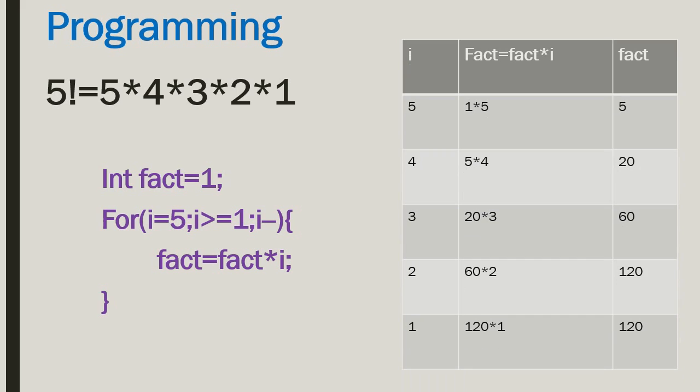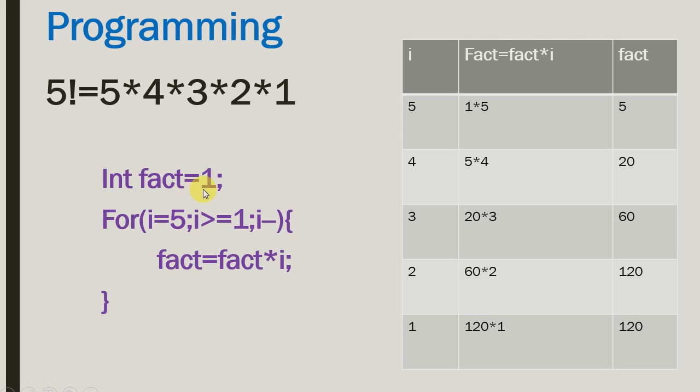Here I have a table, and first column is I, value of I, and second column is this formula to calculate factorial of number, and this is final result of factorial. For suppose from here loop is start. So in starting, the value of I is 5 and value of factorial fact variable is 1.